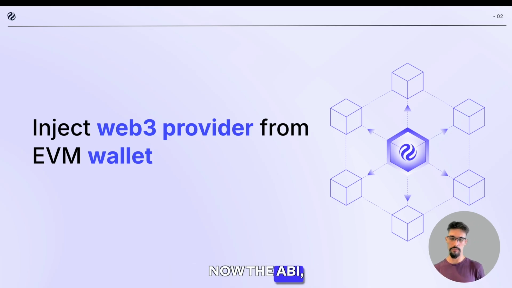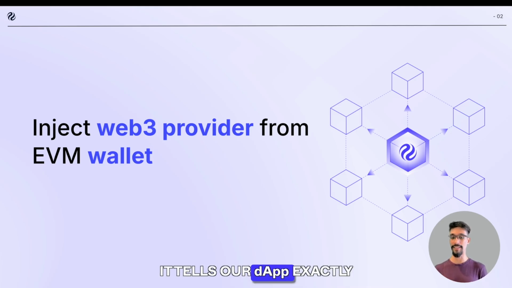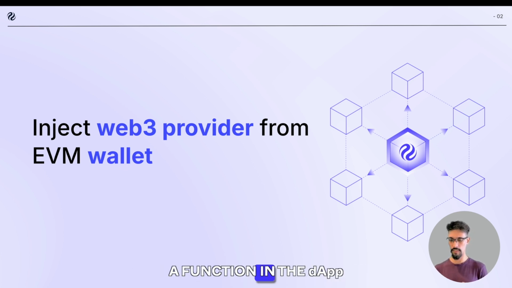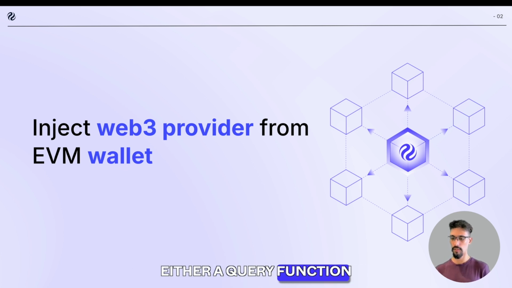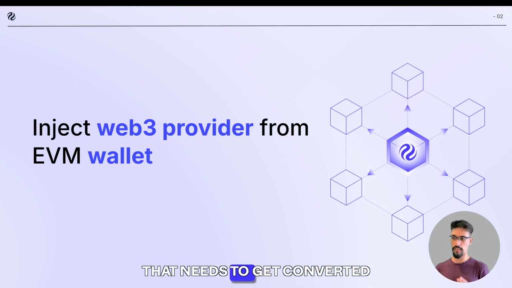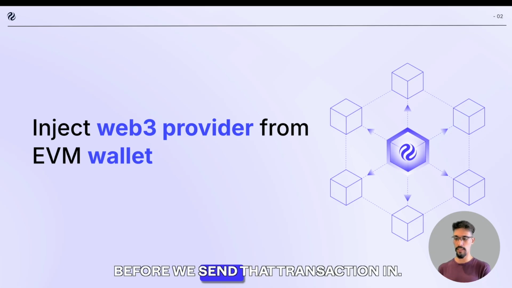Now, the ABI, which stands for Application Binary Interface, is also crucial. It is like a translation or dictionary object. It tells our dApp exactly how to format the data so that the EVM understands it. When we want to call a function in the dApp, either a query function or a state change function for a transaction, that needs to get converted into EVM bytecode before we send that transaction in.